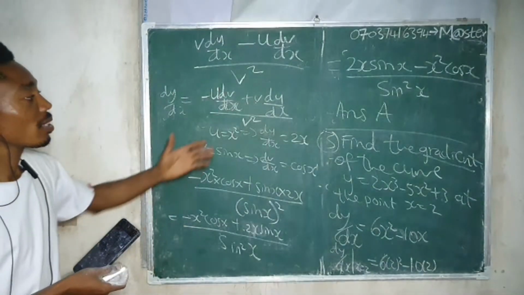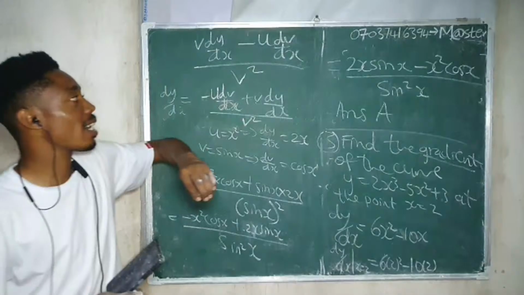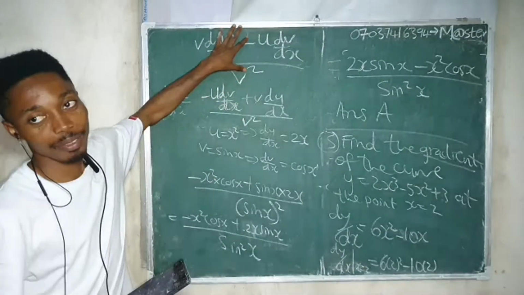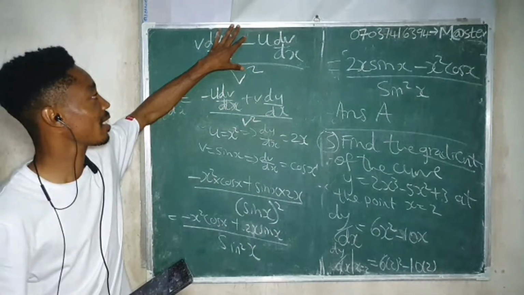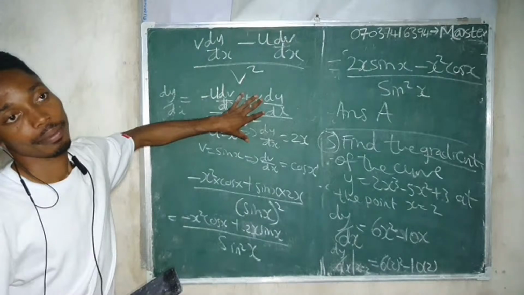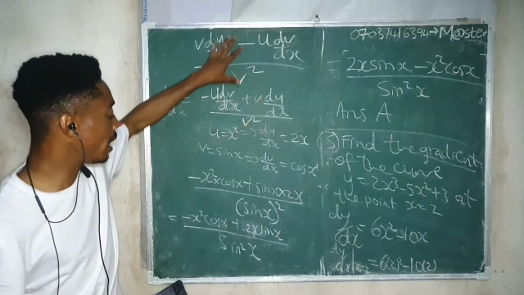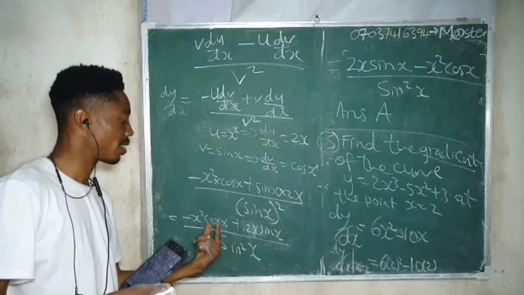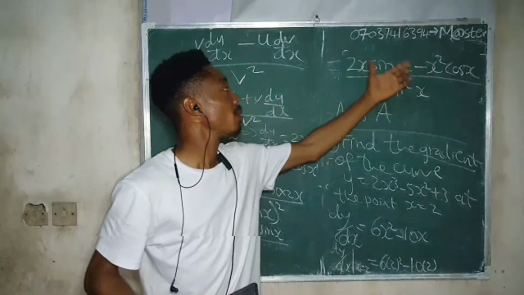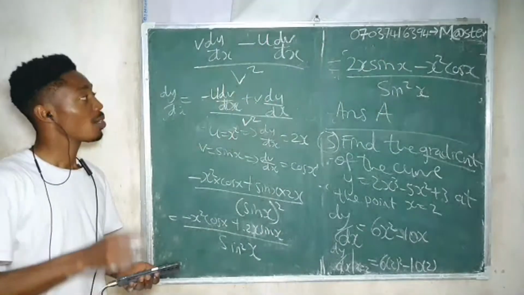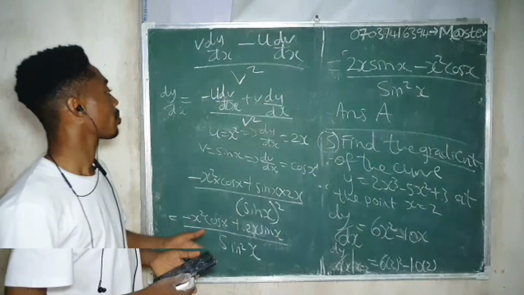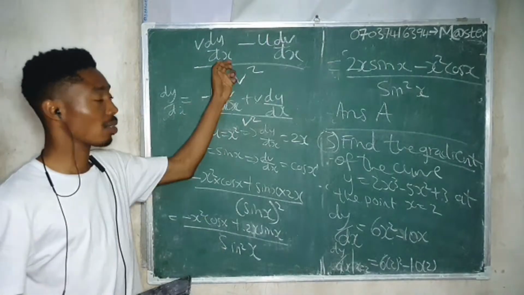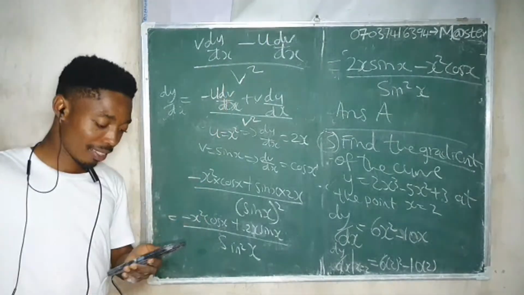So it's the same thing. I think this is a formula you're more familiar with. It's the same as this one. At the end of the day, when we came here, we changed it. So Elijah, please take note of that. Let's proceed.